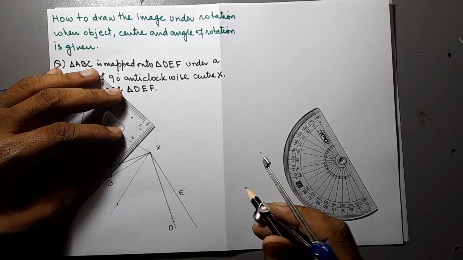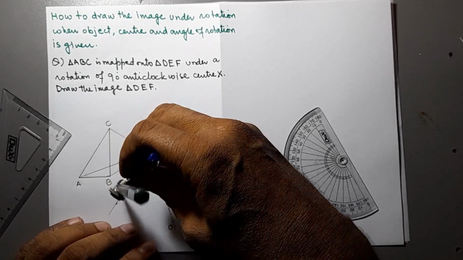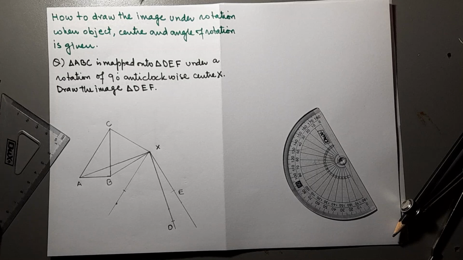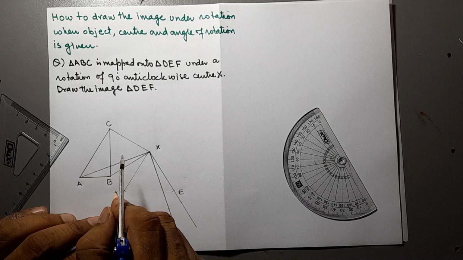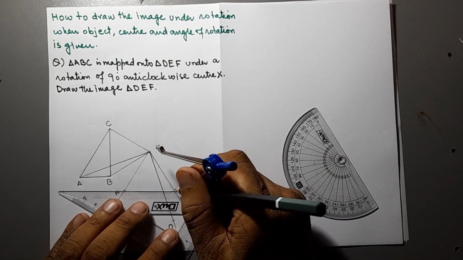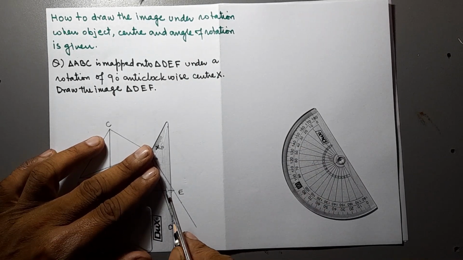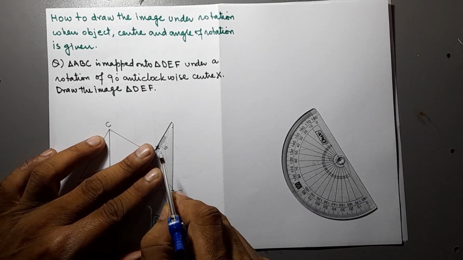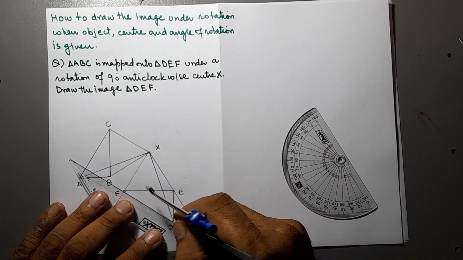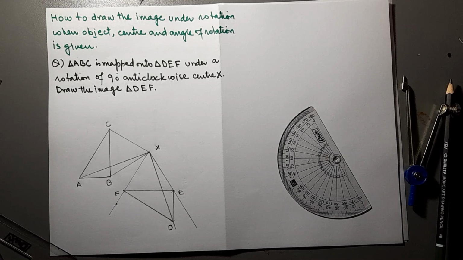This one is a 90-degree angle from point X. Now this one is the distance of C from X. This point is F. Now I will join D, E and F. In this way, we can draw the image triangle under rotation.